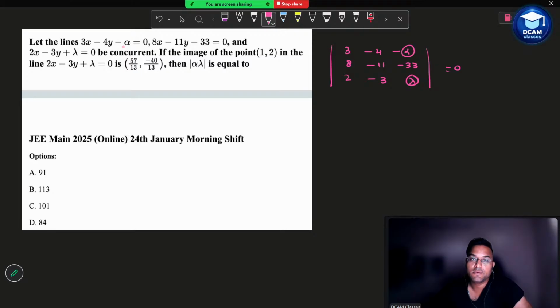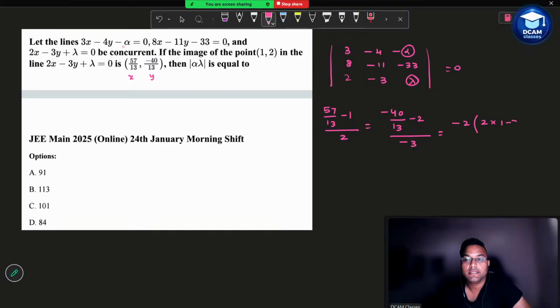Now there is one more condition they have given. The image of the point in the line means this x and y, means you have 57 by 13 minus 1 by 2 is equal to minus 40 by 13 minus 2 by minus 3 is equal to minus 2 into (2 into 1 minus 3 into 2 plus lambda) divided by 2 square plus minus 3 square.